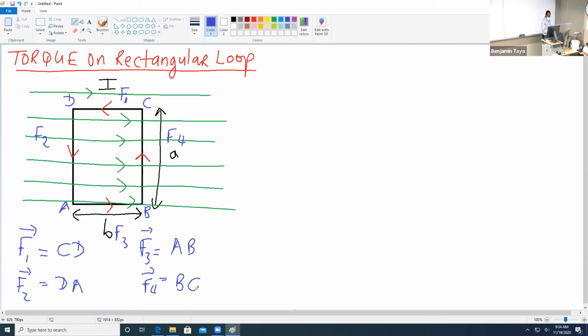Now, let us calculate F1. Again, let me remind you the equation that we're using. The magnetic force is current, length vector, cross magnetic field.